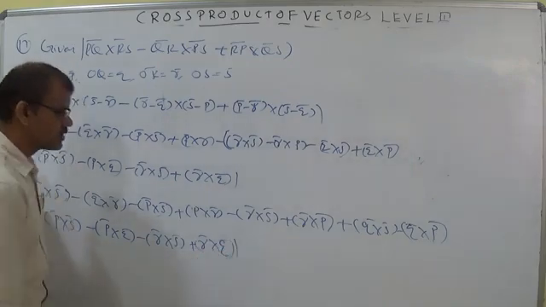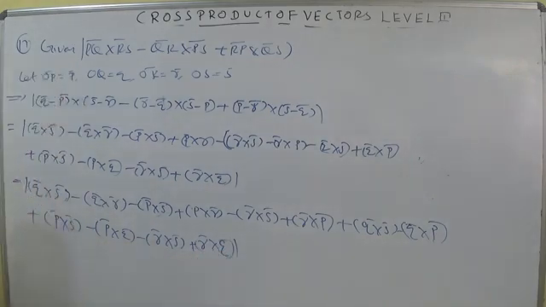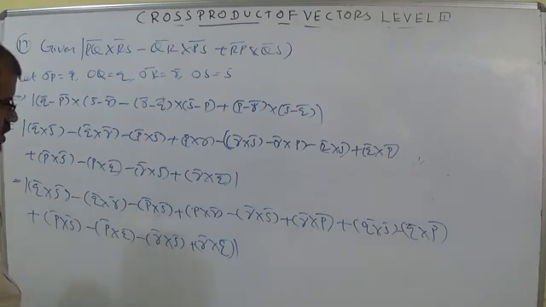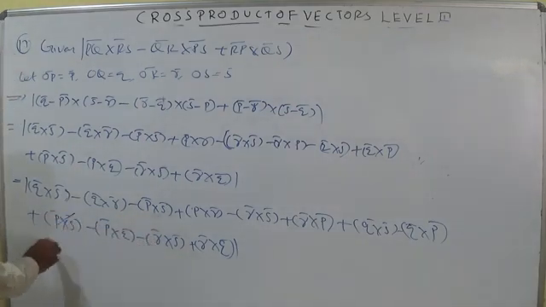Try to understand which terms get cancelled, students. Q cross S is there, another Q cross S is not there. Minus Q cross R and plus R cross Q do not get cancelled. P cross S minus P cross S get cancelled.